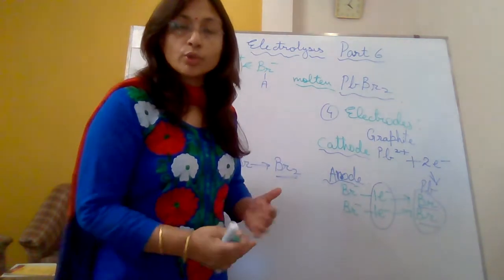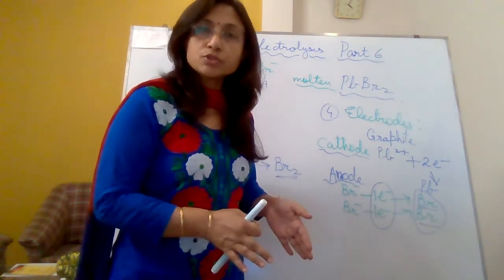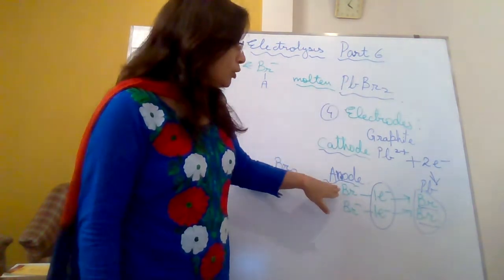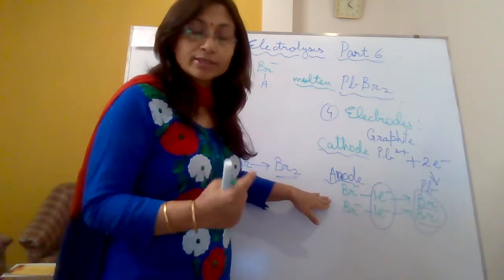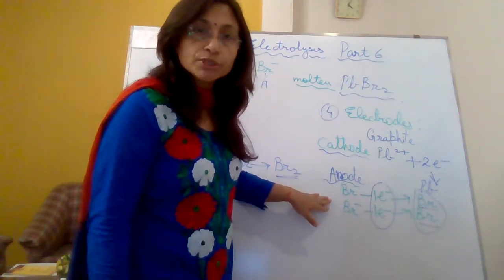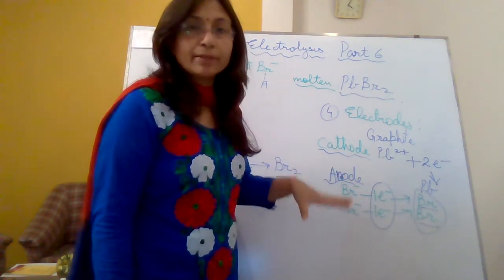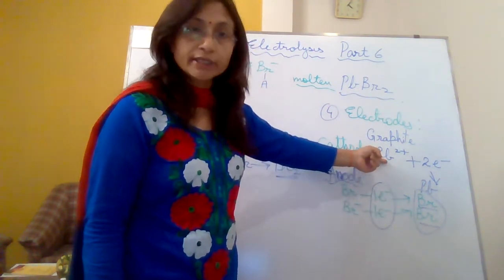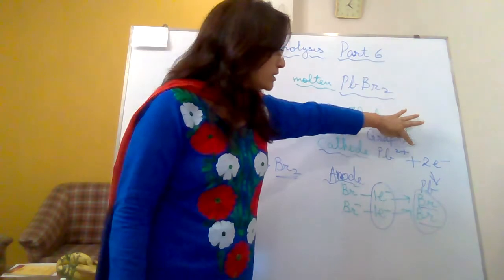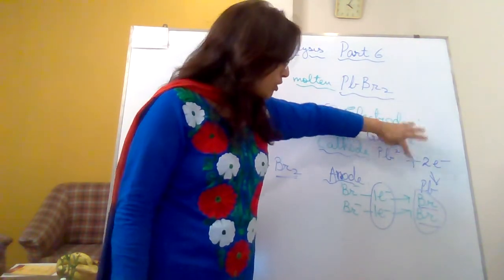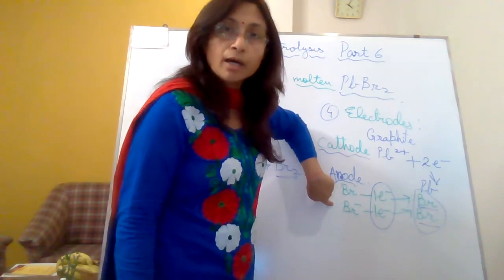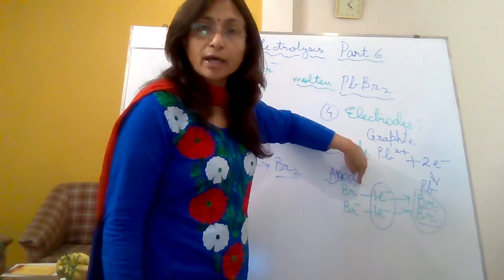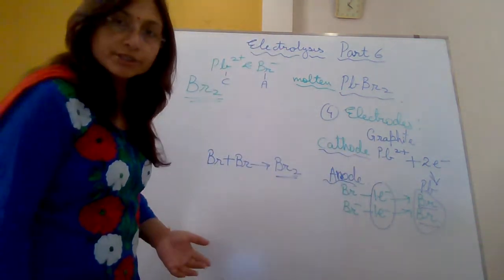See, the whole reaction is happening in the same electrolytic cell. The lead ions are there, and the bromide ions are also there in the same electrolytic cell. The bromide ions lose their electrons, and at the same time, simultaneously, the cation, the lead, is gaining the same 2 electrons which were lost by these 2 bromide ions. That is why both the lead as well as the bromide ion will be able to discharge themselves.